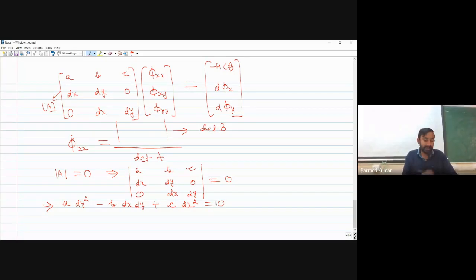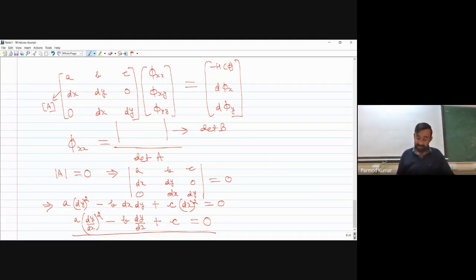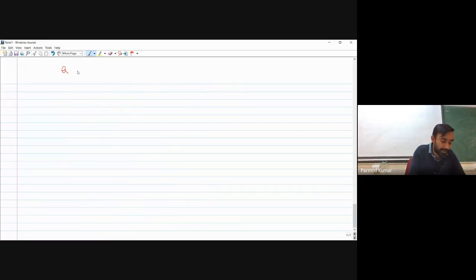Now if I divide throughout by dx square, I'll find a times dy by dx whole square minus b times dy divided by dx plus c equal to 0. Okay, so let me write this equation once again over here: a times (dy by dx) whole square minus b times dy by dx plus c equal to 0.